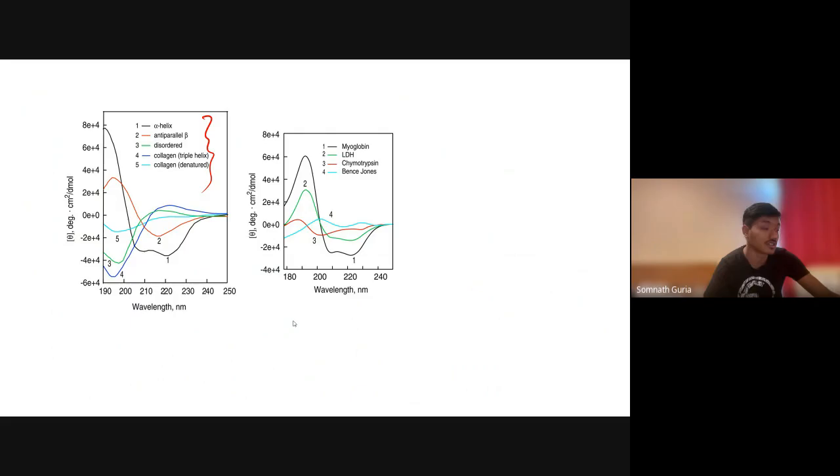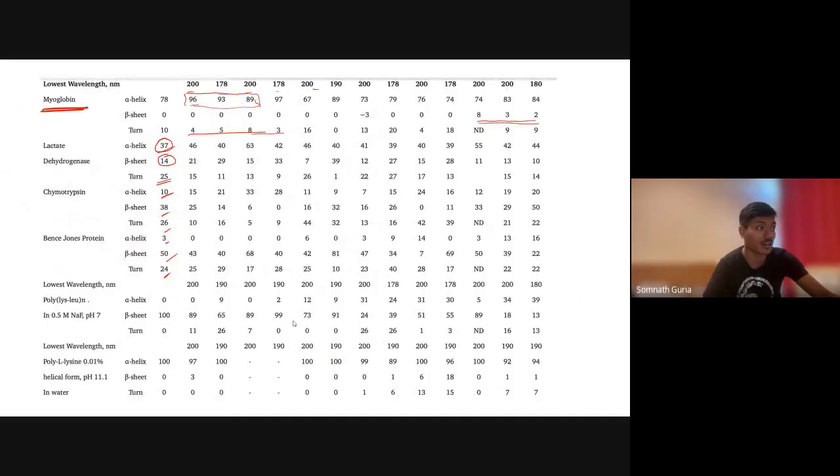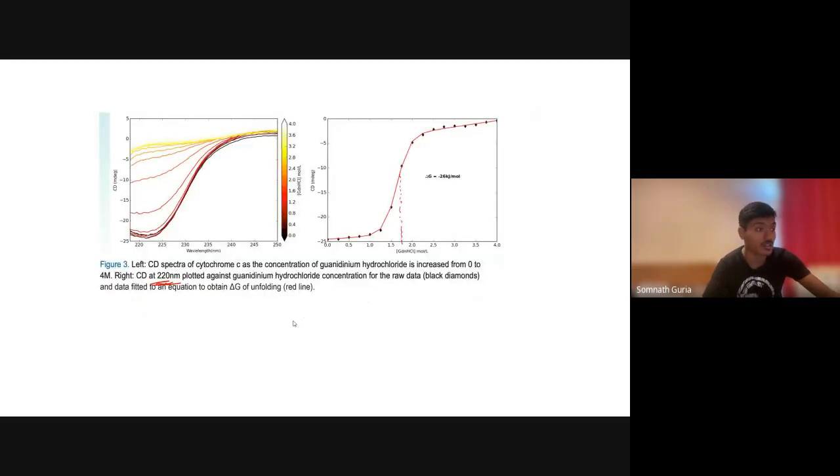Let's suppose we have a myoglobin enzyme where we found that 95% is alpha helix, and depending on that, different enzymes give different amounts of CD activity. We also checked how the protein structure changes, for example, cytochrome c in the presence of guanidinium hydrochloride, where the structure changes to a different structure.